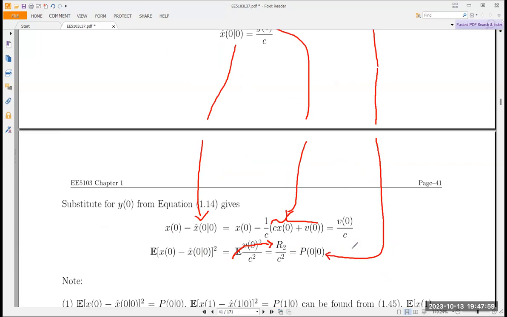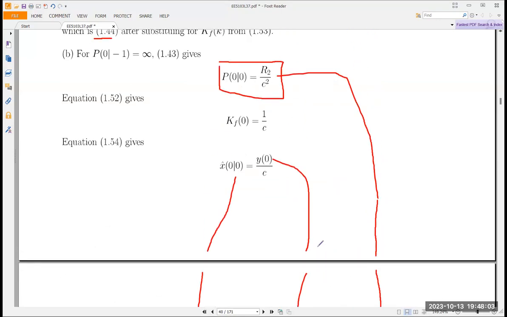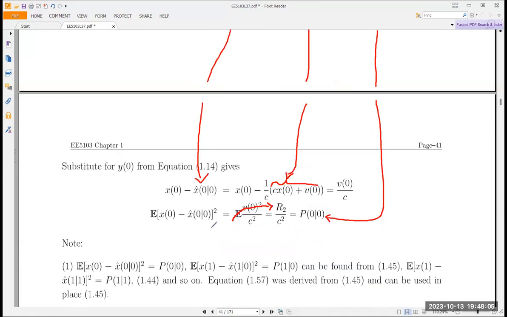Okay, so it shows you that P00 is actually the expectation of the estimation error at K equals to 0. So this one shows you when we first start, P00 will give you the estimation error variance at K equal to 0.